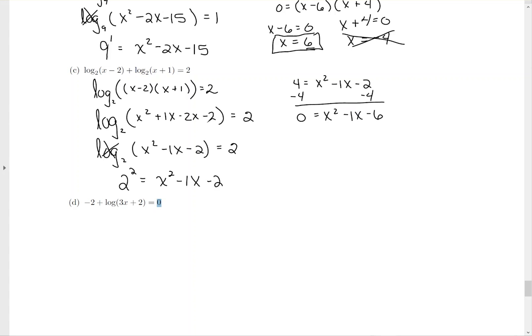All right, so from here, you need to figure out what is going to multiply to negative 6, but then add to negative 1. So I have a negative 3 times positive 2, a negative 3 plus 2, and I can go ahead and factor.